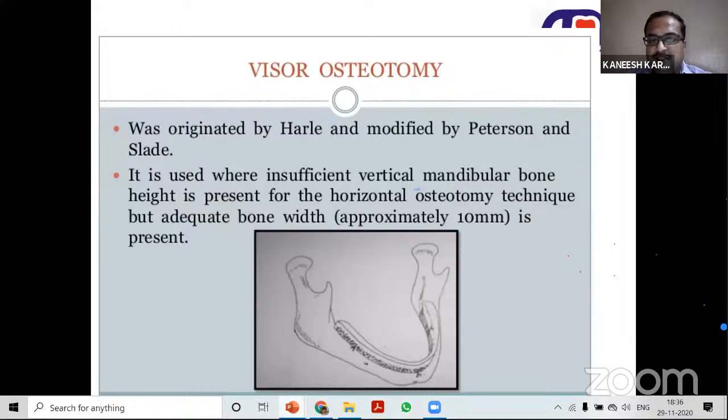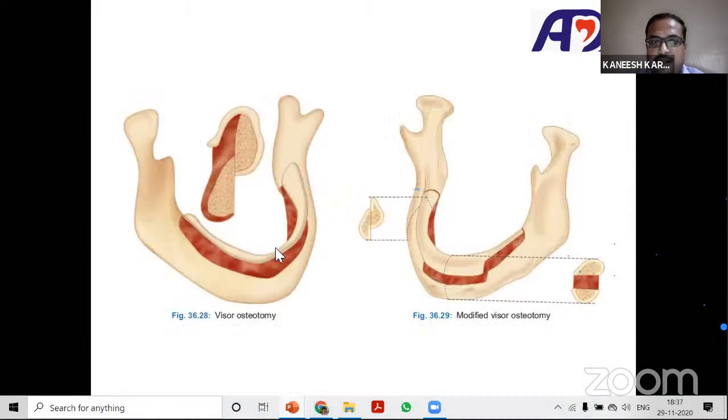What you do is, if there is a reduced height of the mandible, you split the mandible in the midline into two portions and you raise one portion of the mandible and then fix it. This is called visor osteotomy. So we get to increase the height of the mandible to place dentures.